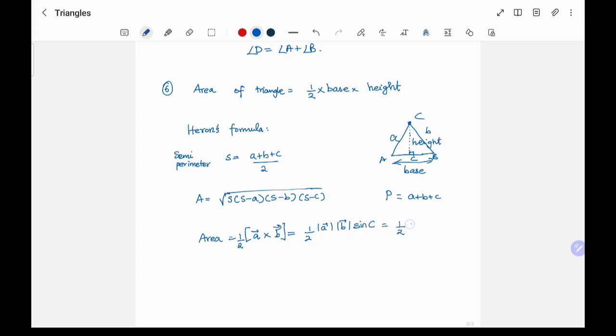So this is half ab sine C. Similarly, we will also be able to derive with sine A and sine B. Okay.